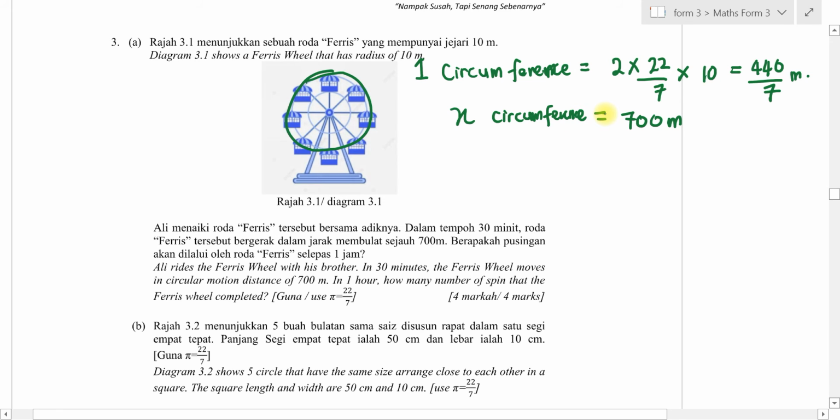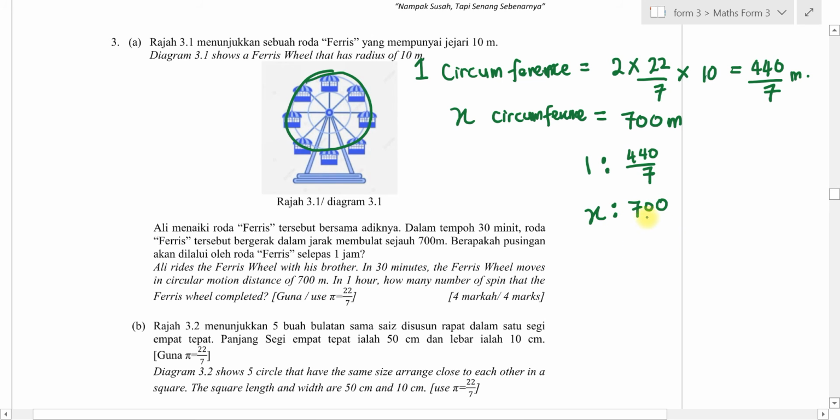Okay, so simple now. One circumference is 440 over 7 meter. How many circumference is 700 meter? We can use our infamous ratio method to calculate this. One circumference 440 over 7. Kalau X circumference 700. Kita tukar dalam bentuk ratio.